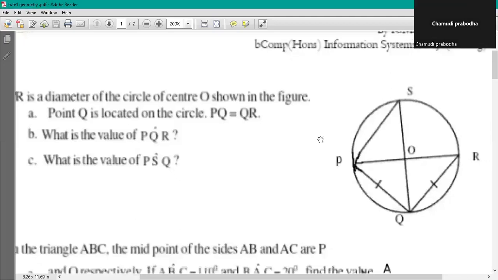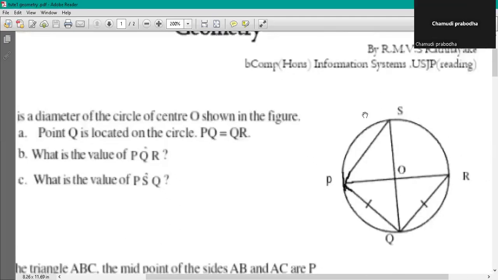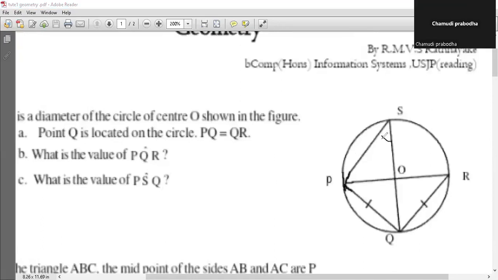So angle PSQ equals angle PRQ because angles in the same segment are equal in magnitude. So this angle equals the value of this angle. We found that the value of this angle is 45, then this also is 45. Theorem is angles in the same segment are equal.